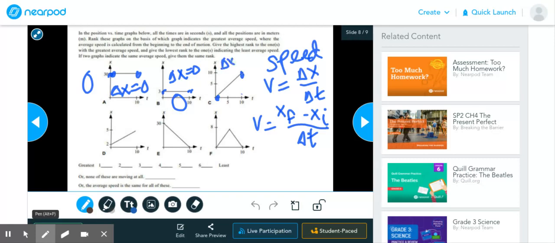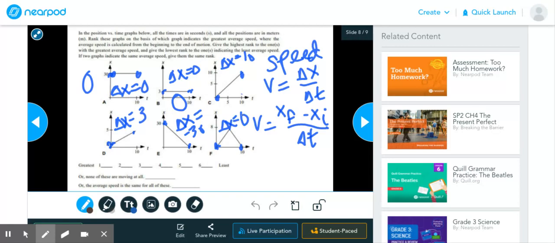So our change in x is 10. Down here we go from a position of 2 to 5. Our change in x is 3. Over here we go from 30 to 0. So our change in x is negative 30. And then over here, this last one is tough. Our initial is 0. Our final is 0. Our change in x is 0.